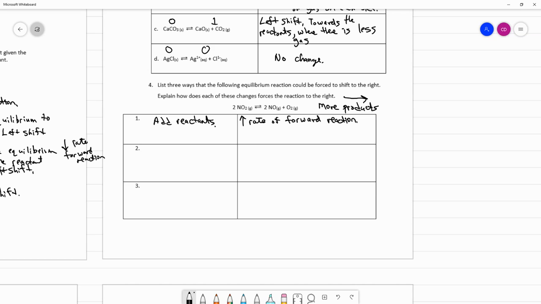The equilibrium wants to counteract. It wants to use up the reactants, and therefore it will make more products.